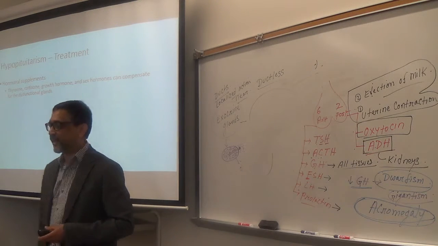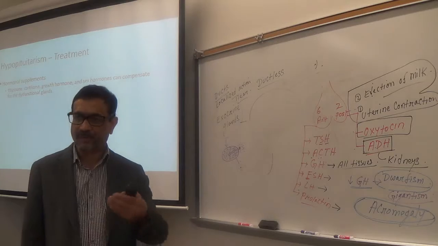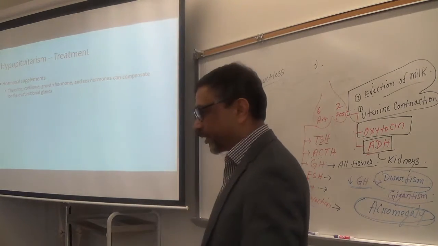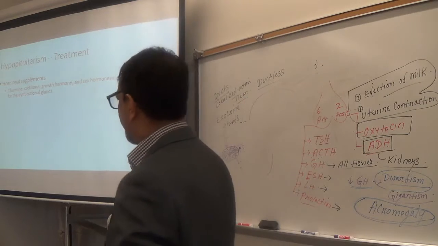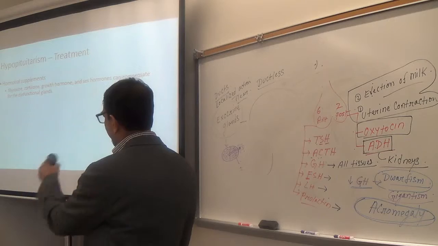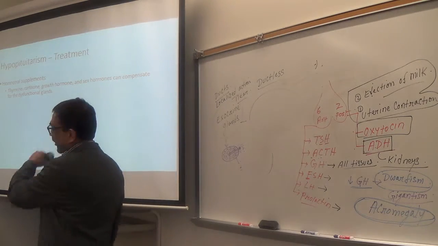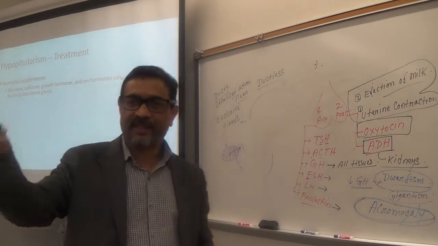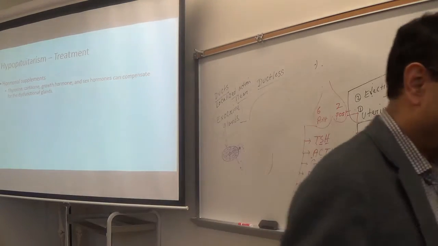Cortisone is a steroid. Steroid works on many organs, so steroid also will stimulate the pituitary, so the pituitary will release more hormones. Basically, these chemicals are used to stimulate the pituitary gland because the pituitary is secreting less hormone.